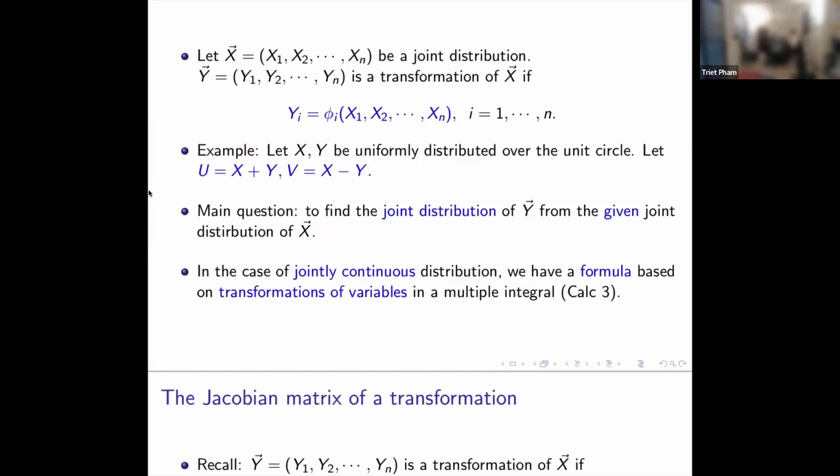From calculus 3, this is the change of variables in multiple integrals via the Jacobian. This is exactly what that is. So we'll use the Jacobian technique of the transformation of the multiple integral to derive the joint PDF of U and V from the joint PDF of X and Y. Any question about this so far?